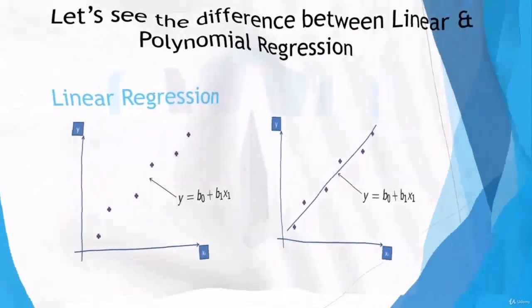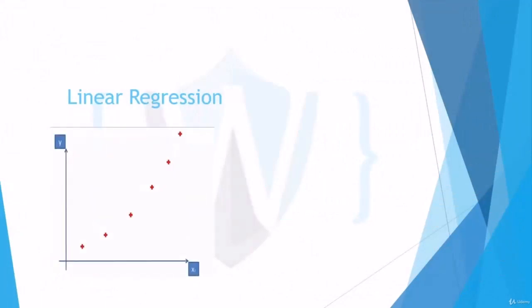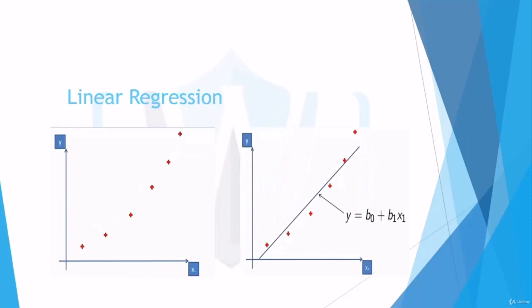Now let's see another example. In this plot you can see the data points are not in a linear fashion but are somewhat in a parabolic path. So when we apply the same linear line here, the line will not satisfy the data points evenly as it did in the previous case.